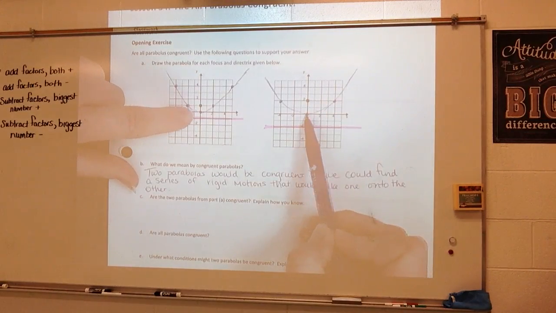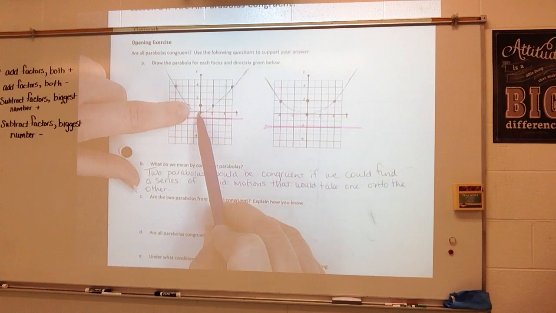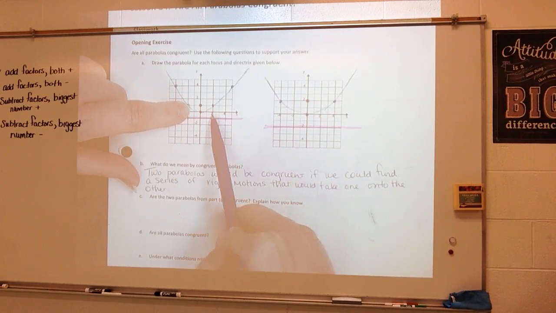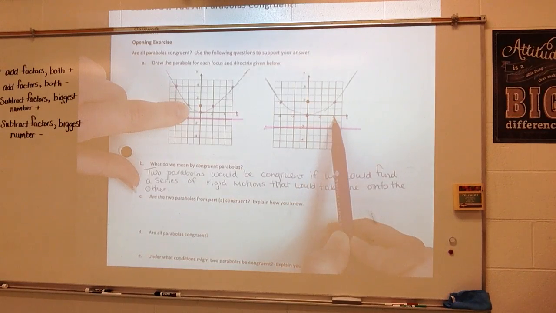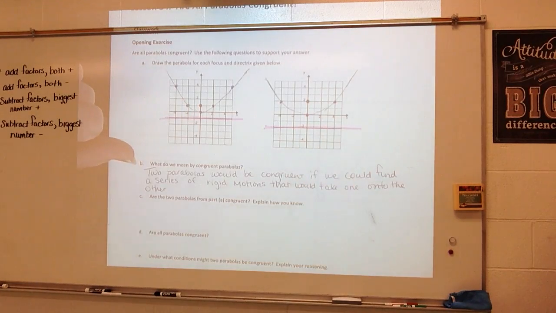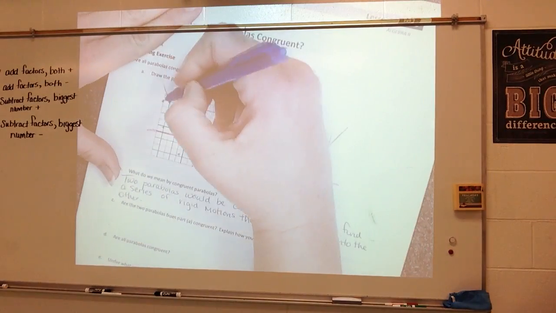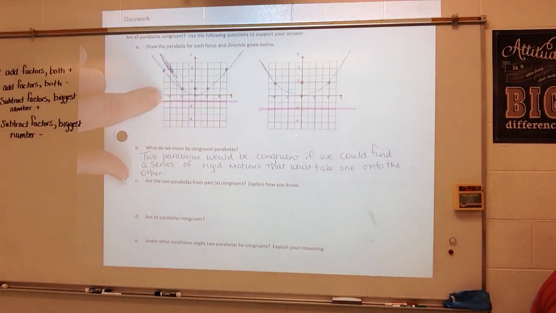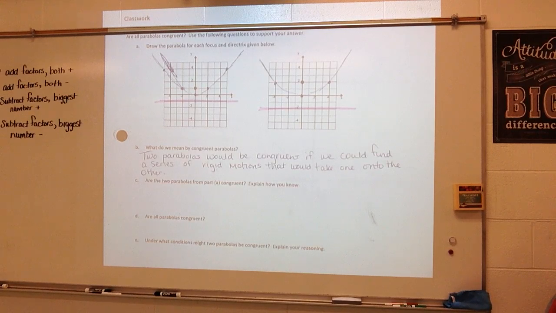So x is 0, y is 0. X is 2 here, but x is 4 here. So they have different y values for each x in the domain, except for the point (0, 0).